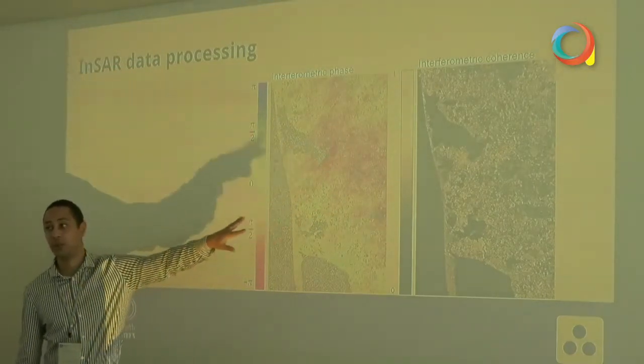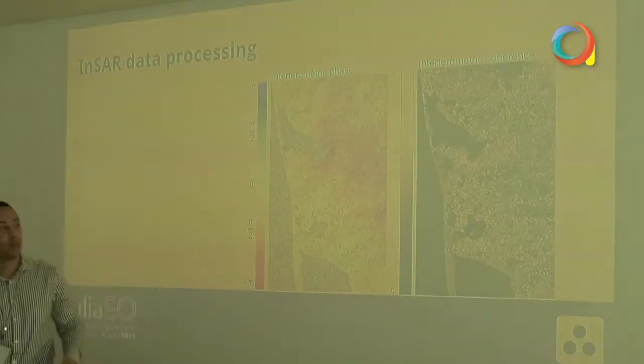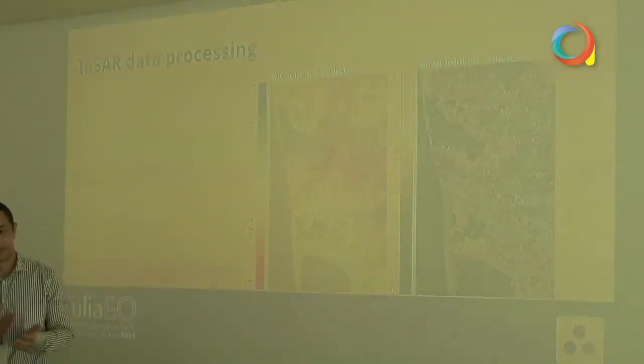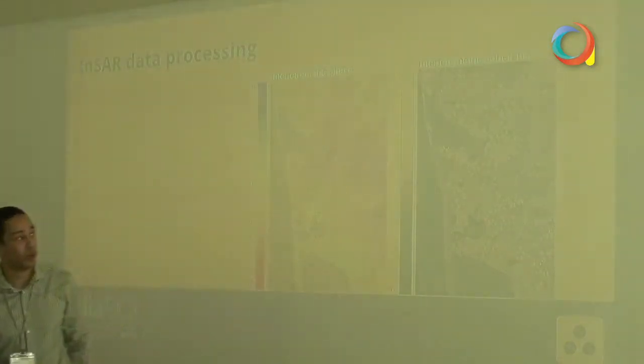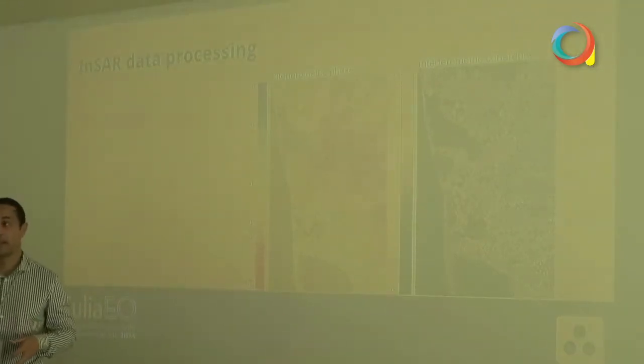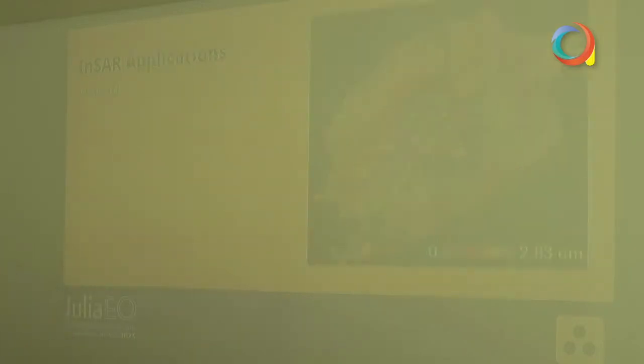But over land you see a more clear phase change. In this case it's actually made from only a single pair. The phase change is most probably due to changes in the atmosphere between the two acquisitions. But you can imagine that if you average a lot of acquisitions over the same area, you can compensate for things like the atmosphere and better see if there's a trend in deformation happening.